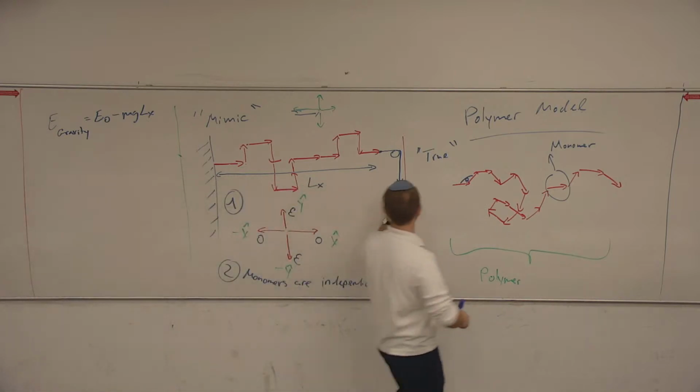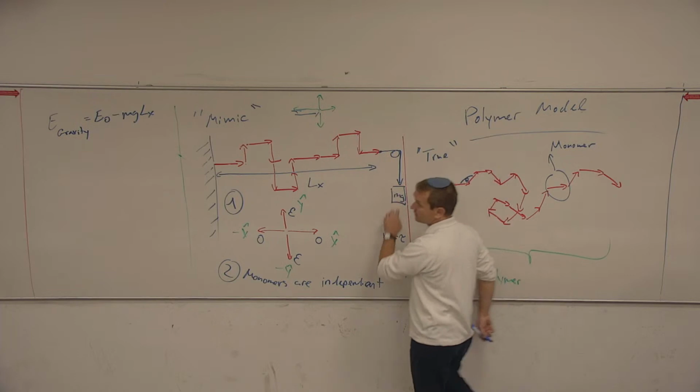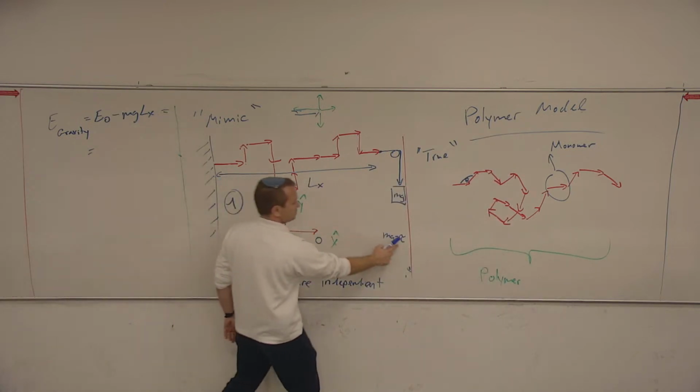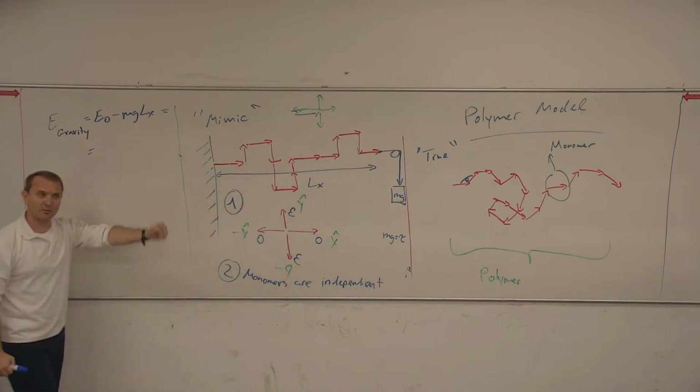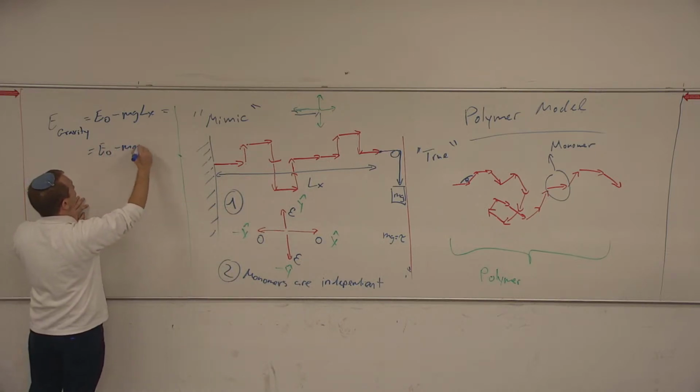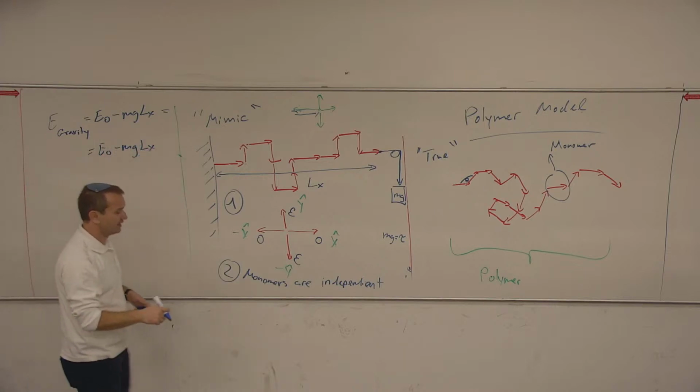I want to rewrite it in terms of tau, because tau is usually the tension that I'm imposing on the string. So this is E0 minus mg Lx.